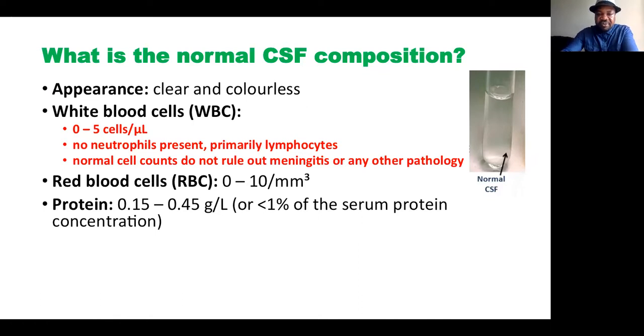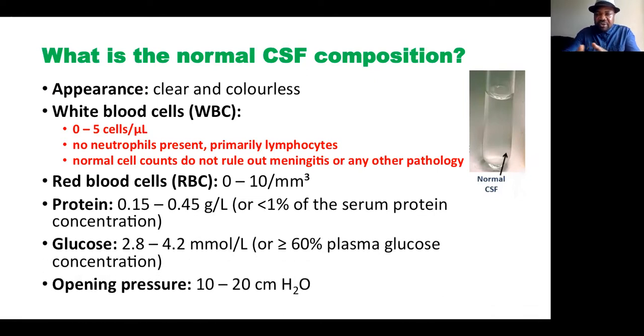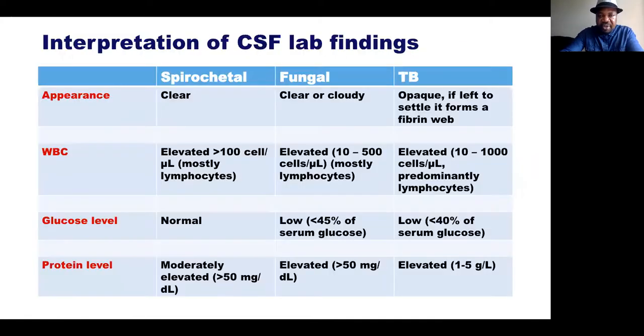The protein is between 0.15 to 0.45 gram per liter, less than 1% of the serum protein concentration. The glucose level should be between 2.8 to 4.2 millimole per liter, which is 60% or above of the plasma glucose concentration. And the opening pressure is between 10 to 20.